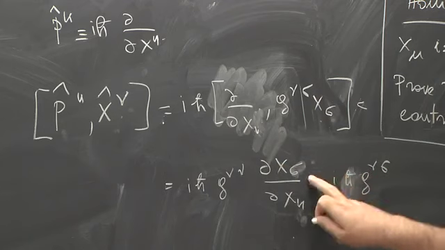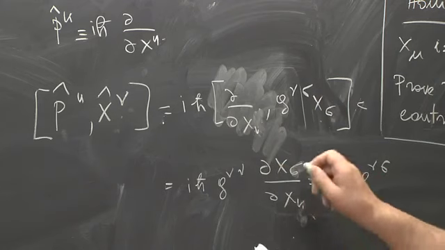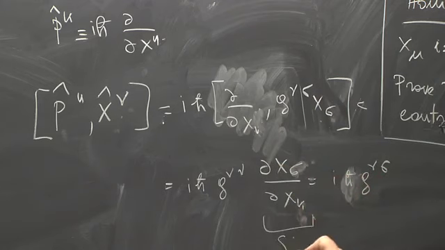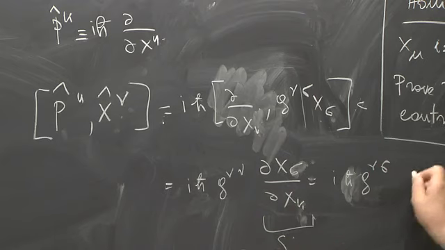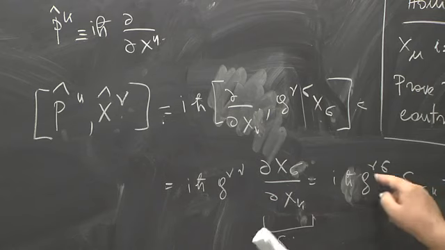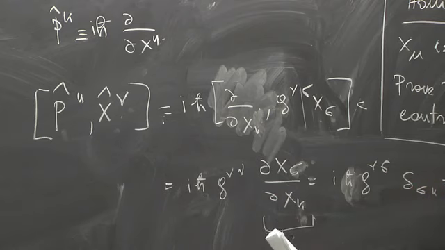Then it is down here. Now I define this is nothing else than delta sigma mu, delta sigma mu. So this one is nothing else than i h bar. Let me see if I am doing things right.